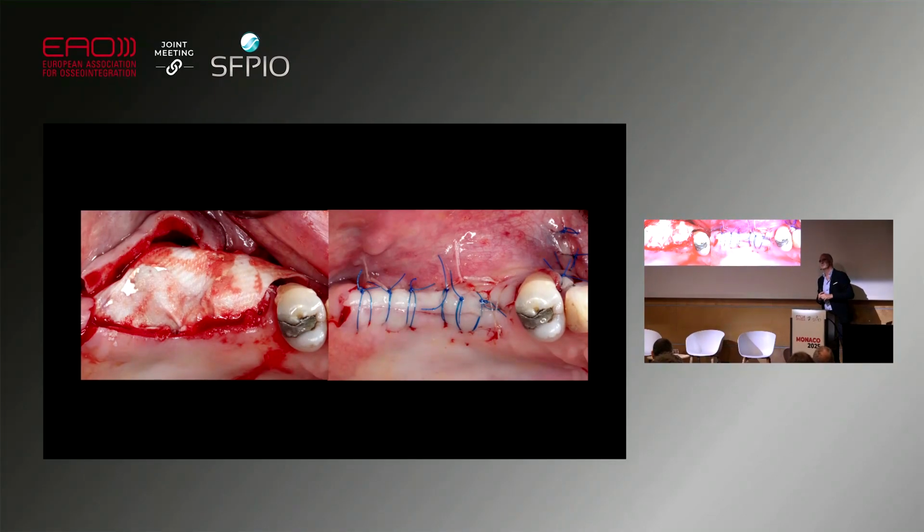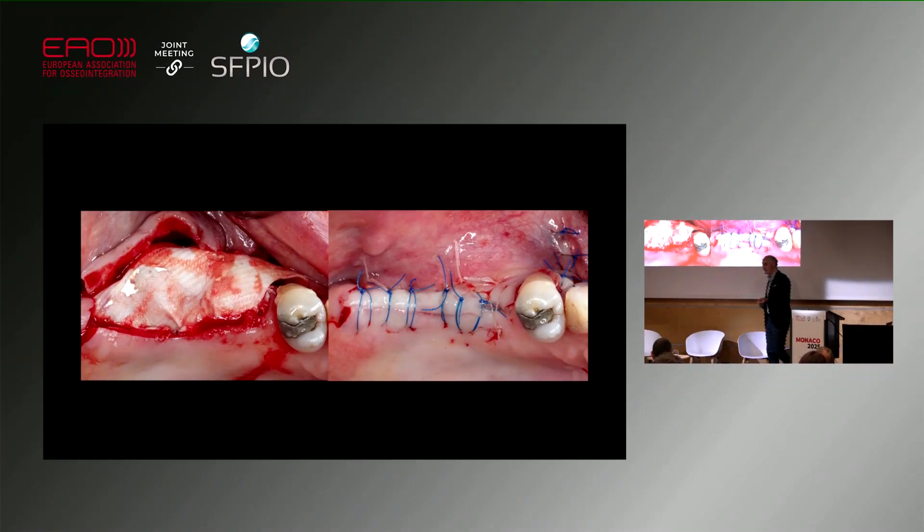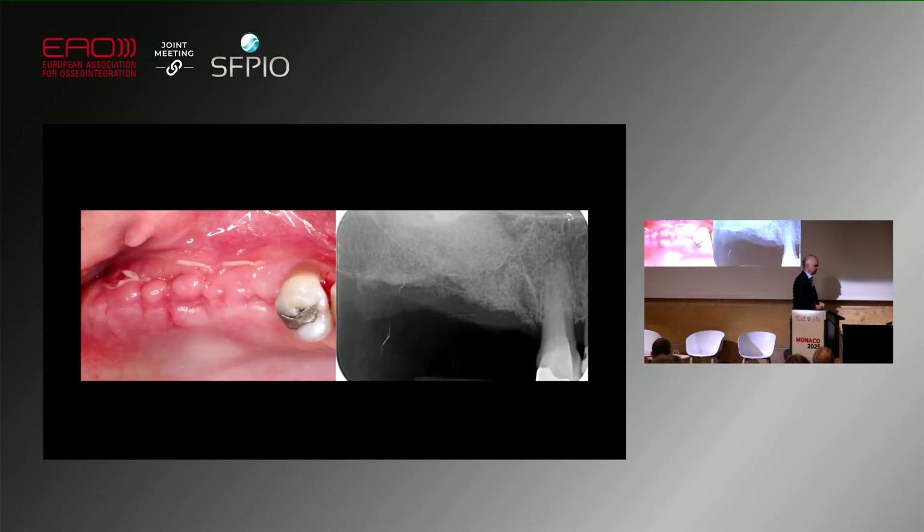So it should not be too successful. However, we followed this GBR concept: hyaluronic acid mixed with DBBM material, mixed with autologous bone, meticulous wound closure, as you see here. Nice healing, good healing. You see also a primary closure in that context, and also a good sinus elevation.